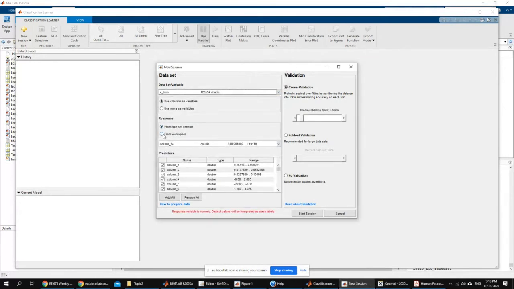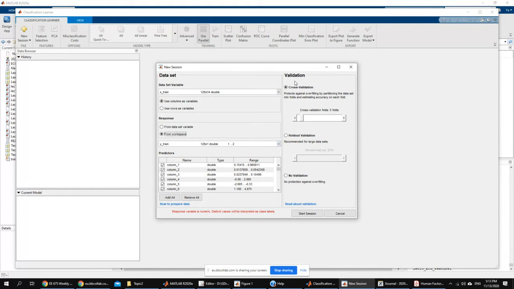For the response, if you don't have a separate one, you can use the same data set variable and put the label of the data in the last column. But it's more convenient to just have the response from the workspace. Once you put X train here, it will assume that the other one is Y train and give it to you right away. So now you chose X train and Y train as your data.